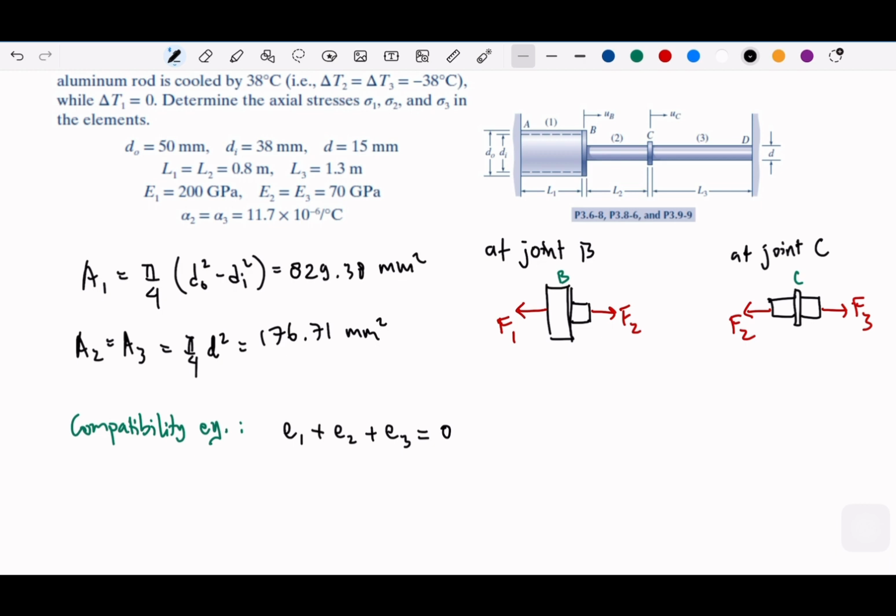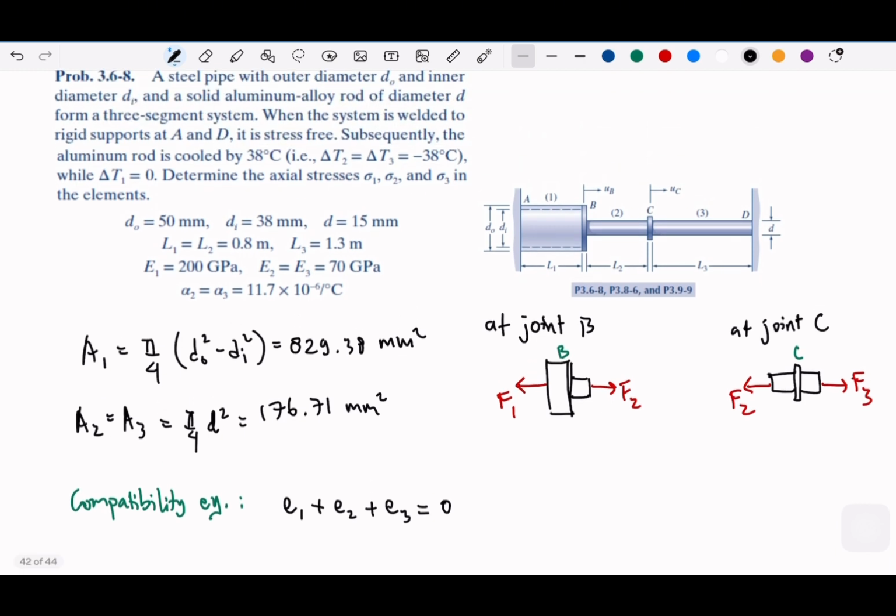For this type of question, because we have thermal expansions, or the change in temperature for the aluminum, for element 1 there is nothing additional. For elements 2 and 3, we need to add the thermal expansion effect.